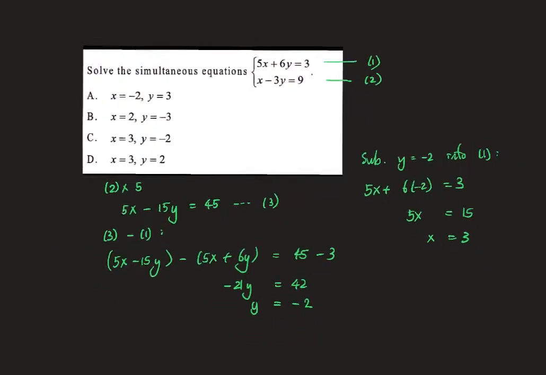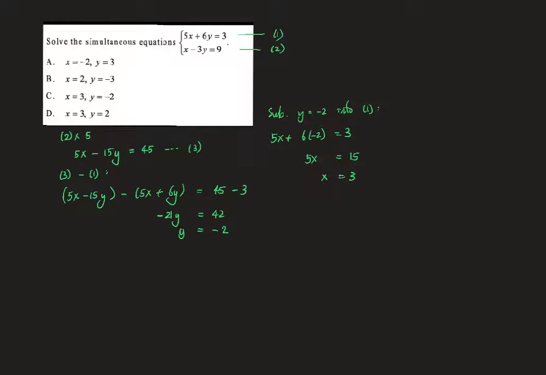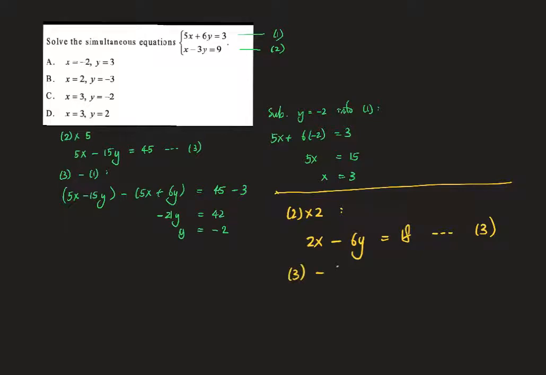How about another way? Another way, as I mentioned before, I can multiply the second equation by 2, like this. And I call this equation 3 again. And now, if I subtract equation 1 from 3, what will happen?